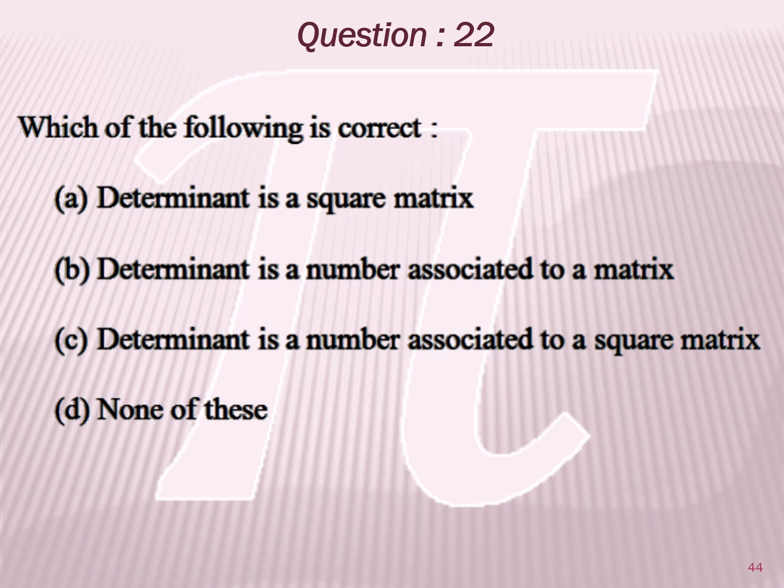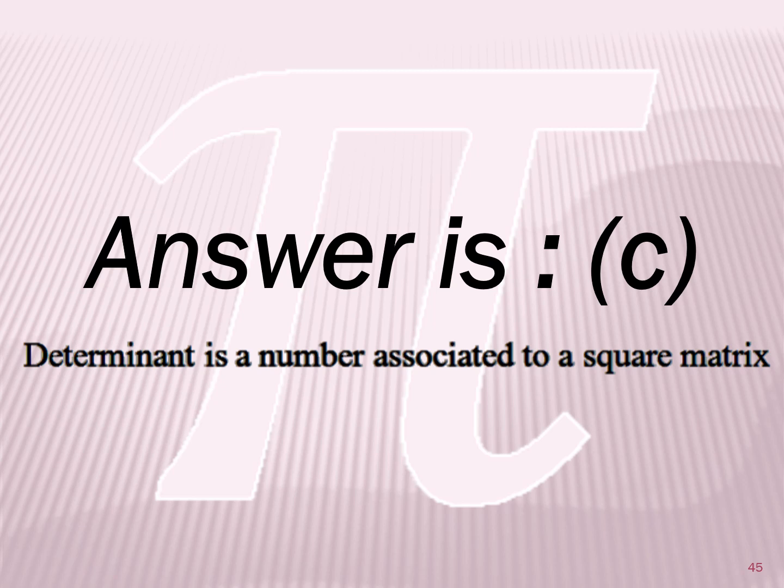Option 4, none of these. Question is option C, that is determinant is a number associated to a square matrix.